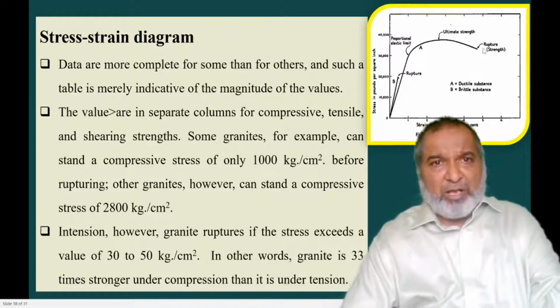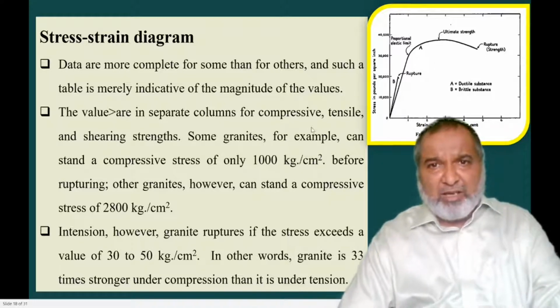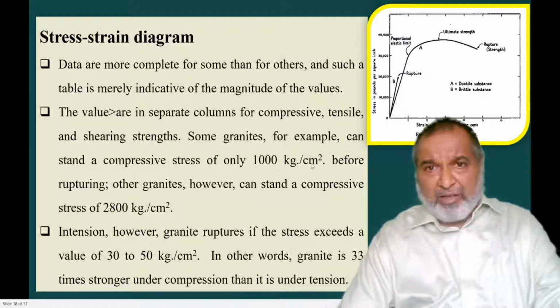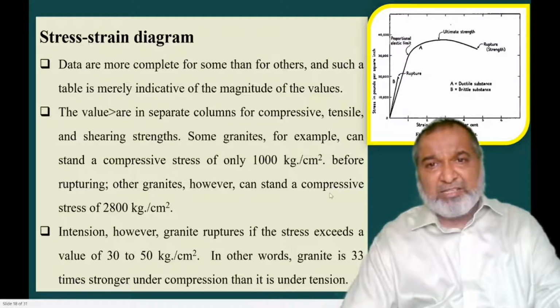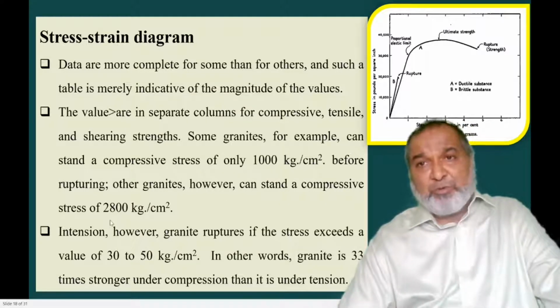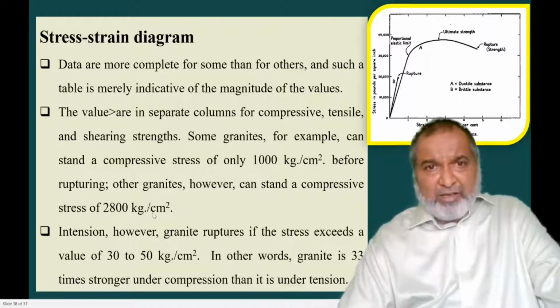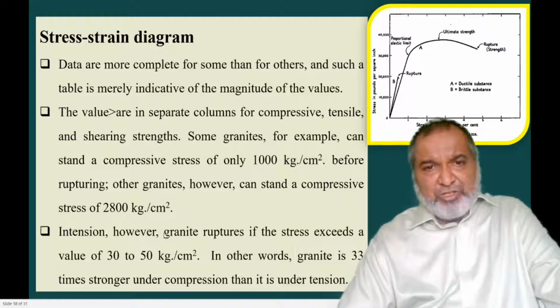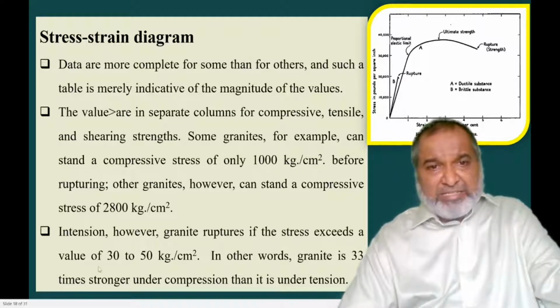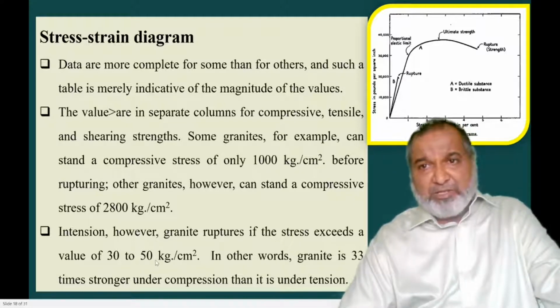The true values are in separate columns as compression, tensile, and shearing strength. Some granite, for example, can stand a compressive strength of 1000 kg per square centimeter before rupturing, while other granites can stand a compressive stress of 2800 kg per square centimeter. The tension at which granite ruptures is 30 to 50 kg per square centimeter.